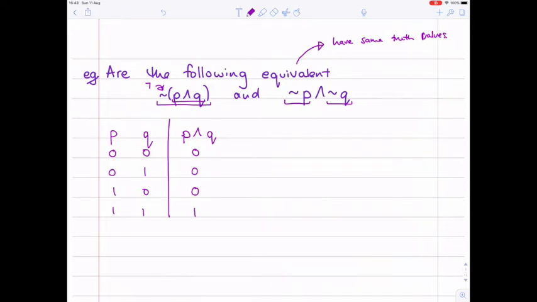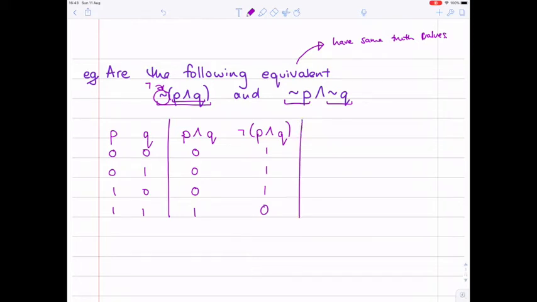And then we actually need to have not (P and Q), so that's the negation of P and Q.